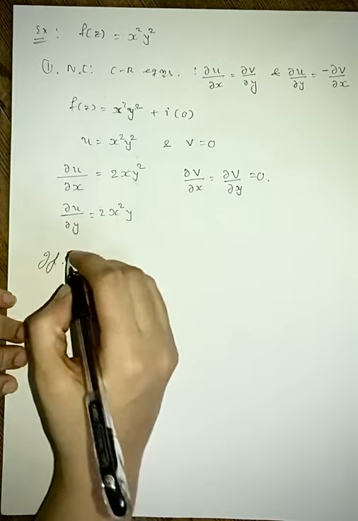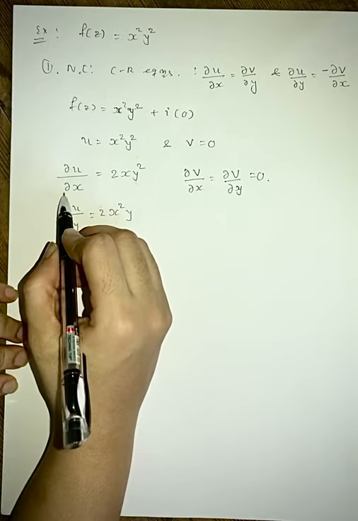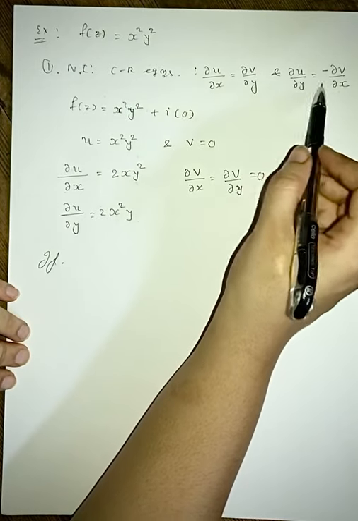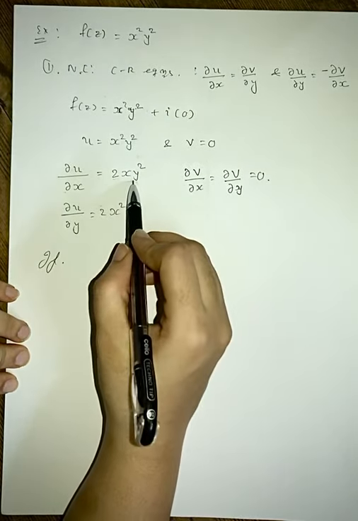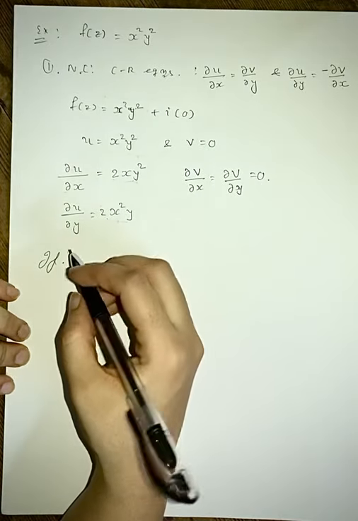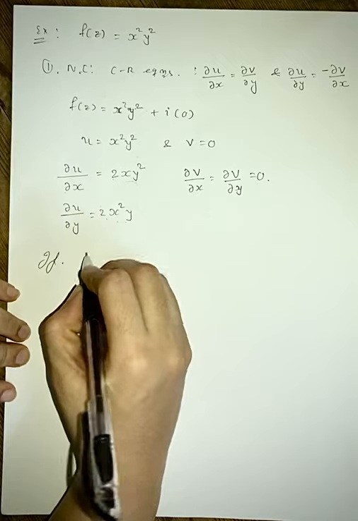Now if it needs to satisfy the CR relations, then this should be equal to 0 and this derivative should also be equal to 0, like we saw in the previous case.